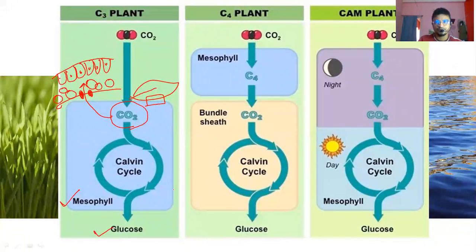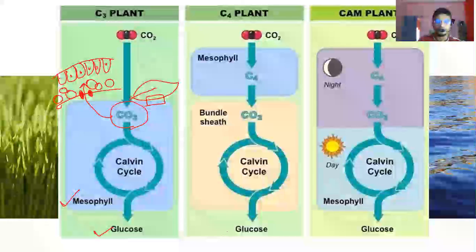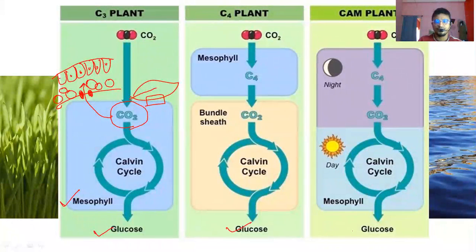Remember, C3, C4 and CAM are all destined to create glucose. Later it will be formed into sucrose and starch as storage. But as you study the C4 plant, you can see there are two different types of cell, mesophyll and bundle sheath. Mesophyll is common to C3 and C4, but the bundle sheath is extra.